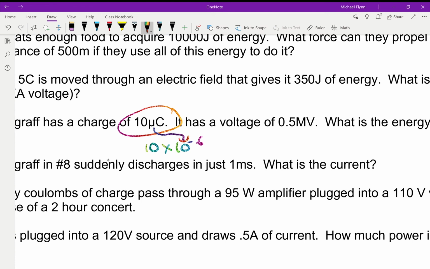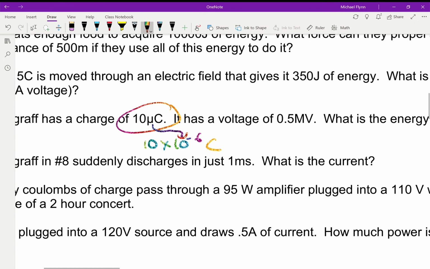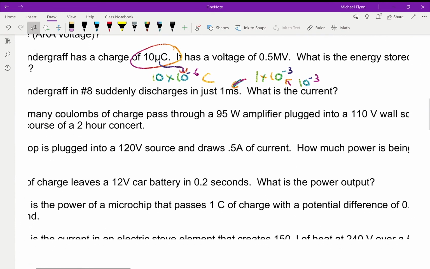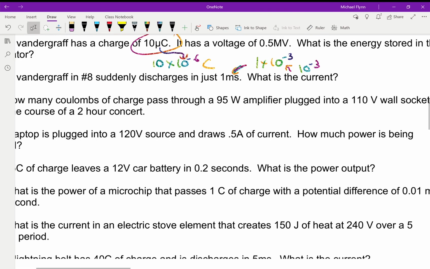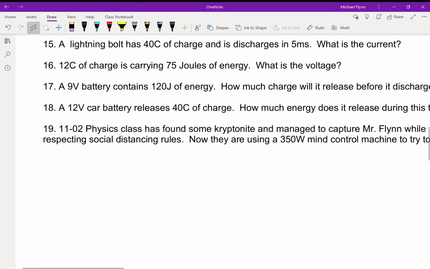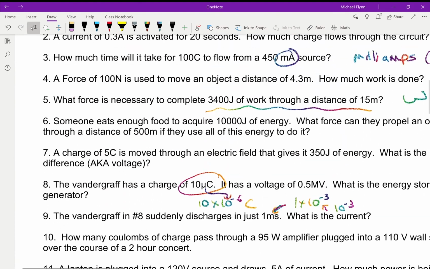So just replace the micro with times 10 to the negative 6, and now you've converted it into coulombs. 1 millisecond here would equal 1 times 10 to the negative 3, because milli means 10 to the negative 3. So just make sure you convert those ones with a prefix into standard units before you go ahead and use them. It comes up a few times. I don't think it comes up very often, to be honest with you, but it does come up.